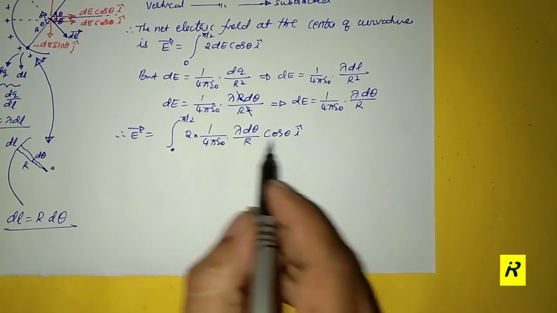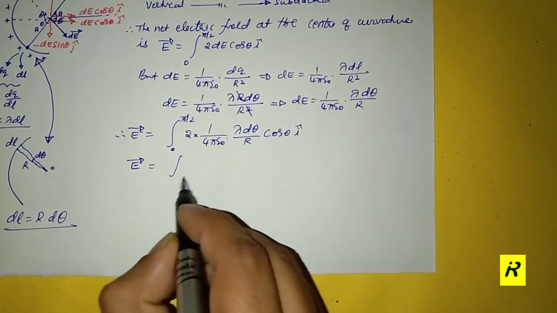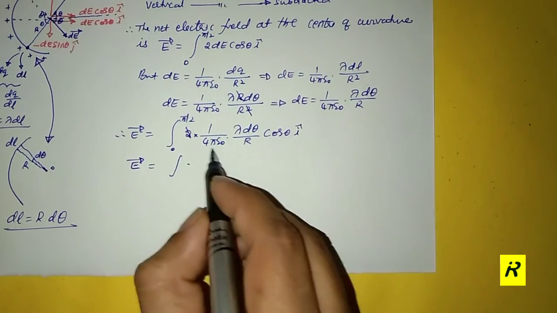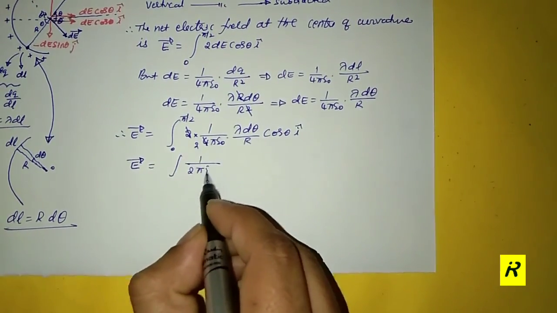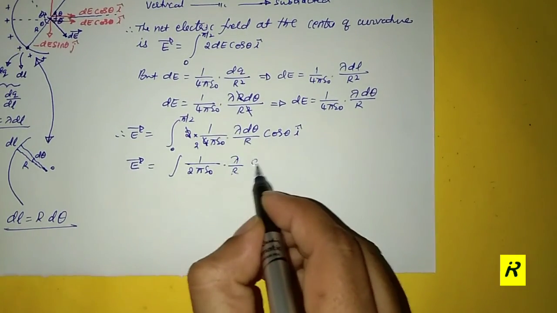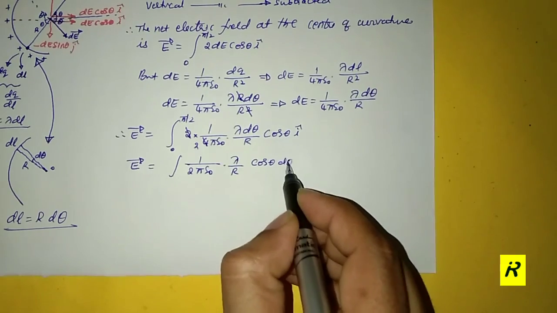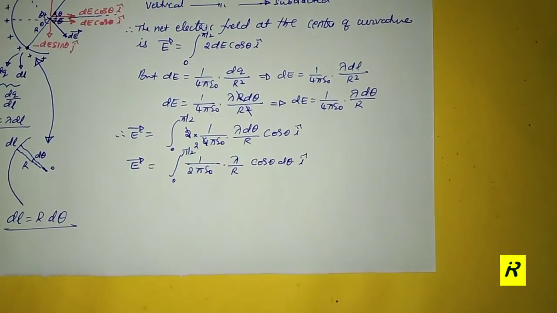So rearranging this thing, which may appear in the standard version, this 2 and this 4 get cancelled. So it is 1 divided by 2 pi epsilon O lambda divided by r, cos theta d theta into i cap, again with limits from 0 to pi by 2.